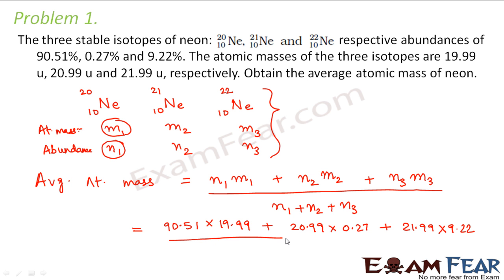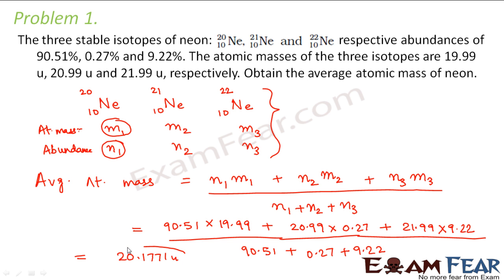This divided by N1 plus N2 plus N3, that is equal to 90.51 plus 0.27 plus 9.22. So this comes out to be 20.1771 atomic mass unit. So this would be the average atomic mass of neon.